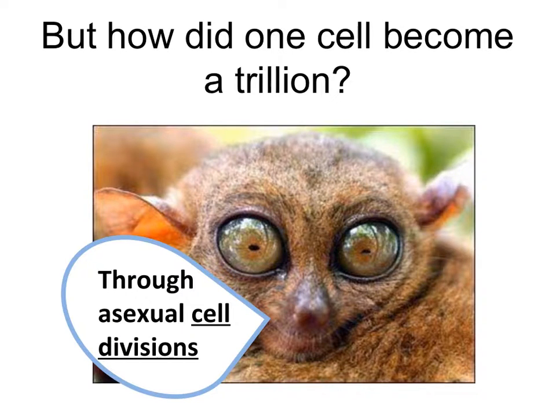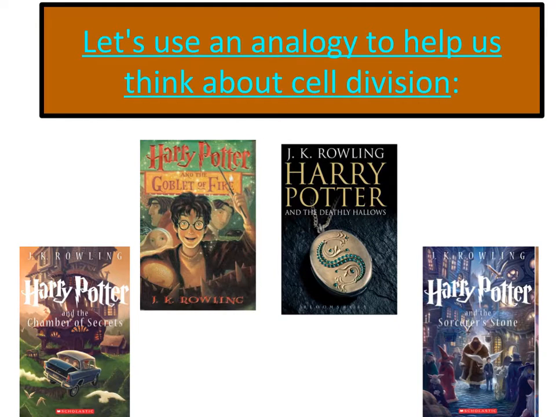This talk is more about the asexual. But to better understand the whole chromosome concept and how they contain information, it's a little bit abstract, so I thought I would kind of hammer this down using an analogy to help us think about cell division. And instead of using genetic information and chromosomes, which you are probably less familiar with, the idea of using books with text inside of them will be better.